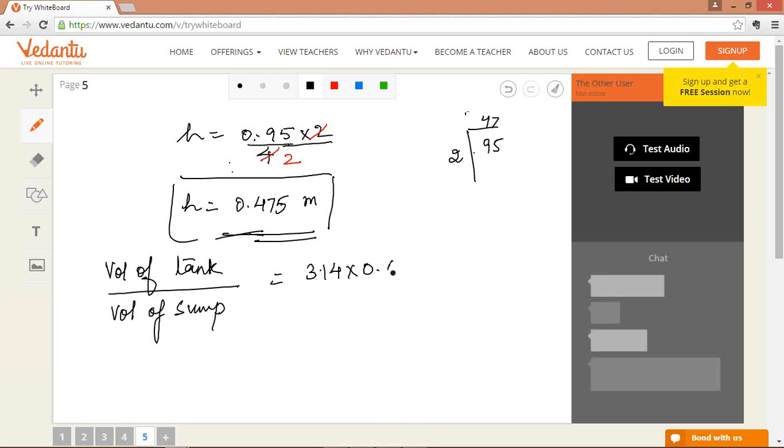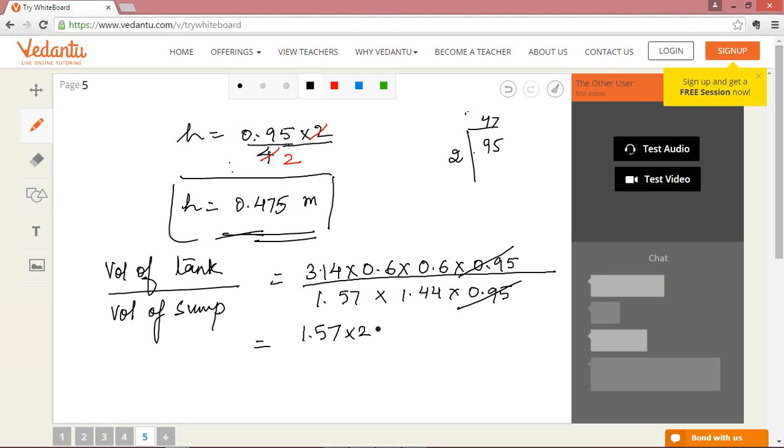3.14 into 0.6 into 0.6 into 0.95, and volume of sump is 1.57 into 1.44 into 0.95. Okay, 0.95 cancels. 3.14 is again, we'll try to convert to 1.57 into 2, 0.36, and below it is 1.57 and 1.44.